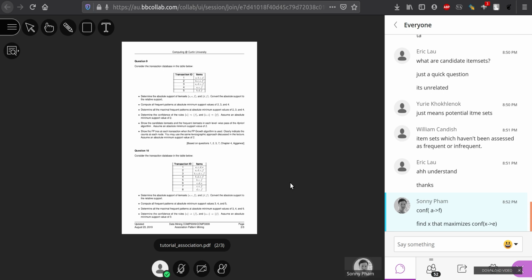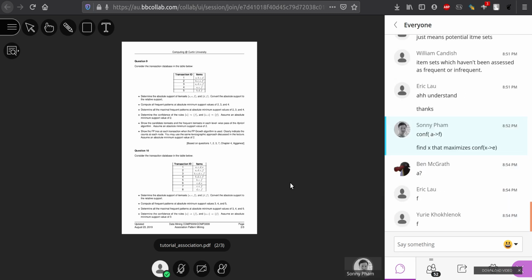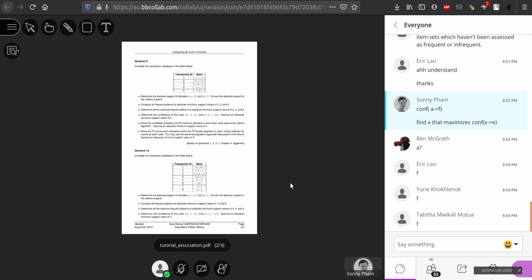But you want to increase the sale, so you want to put some discount on X. So when the customer buys X and then also buys E, you may lose a bit of profit by discounting X, but you get the sale for E, right? So overall, I guess you can maximize or increase your profit.